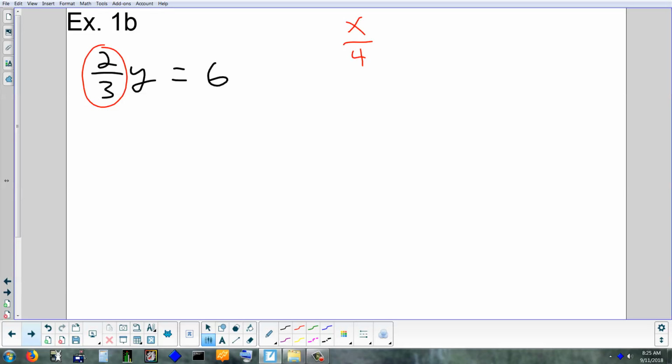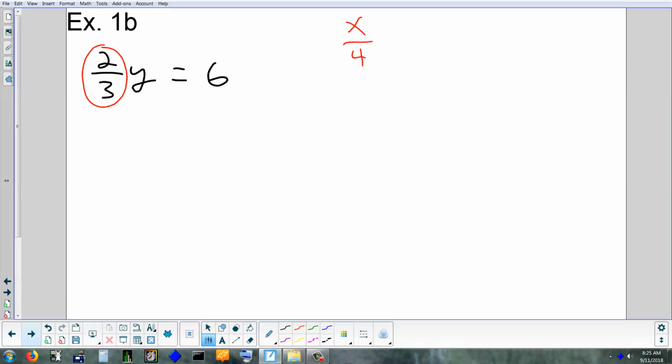Now I've identified the number attached to the variable, and I'm at that next point where I have a choice of what to do, depending on what's attached to the variable. So what do I have attached to the variable? A whole number or a fraction? When there's a fraction attached, what do I have to do?